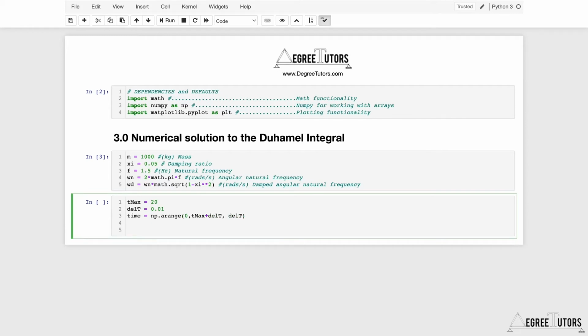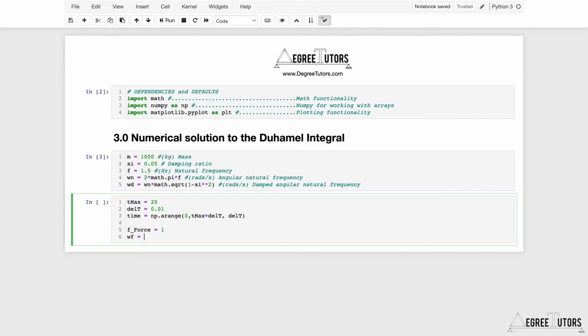Now we've got to define the force that gets applied to this single degree of freedom system. So we'll say the forcing frequency, I'll just say F sub force, is going to be 1 hertz. That would set up omega f. The angular forcing frequency is going to be 2 pi times 1.